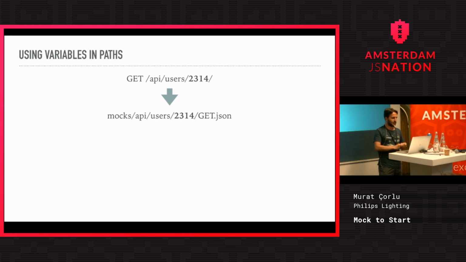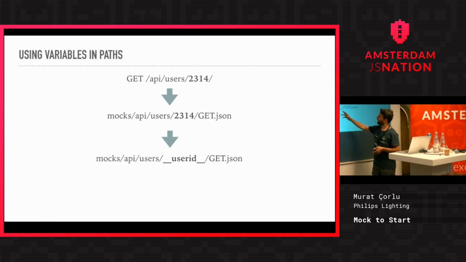As you may notice, using IDs in paths in the mock folders can be a bit problematic, right? Because we will have lots of objects and we will need to define lots of folders that return nearly the same data. Because of that, Connect API Mocker also has a feature like this.